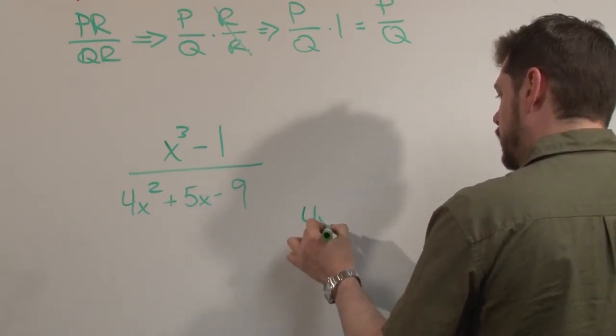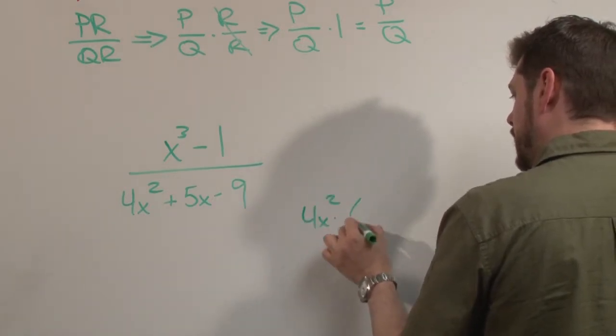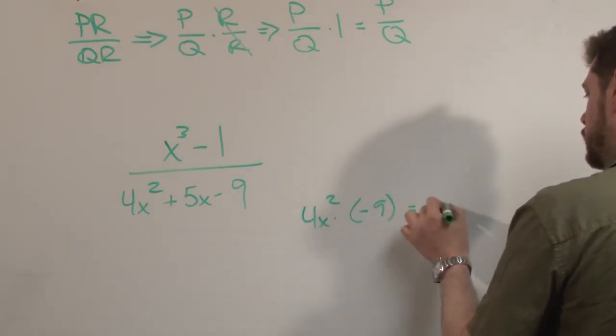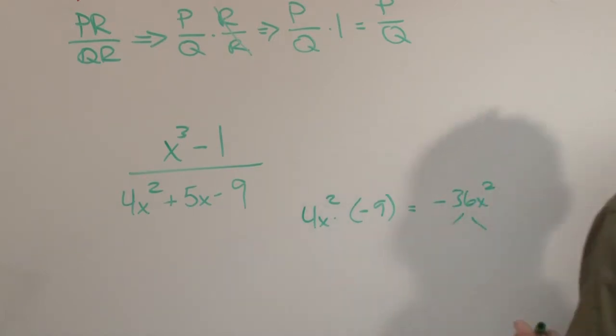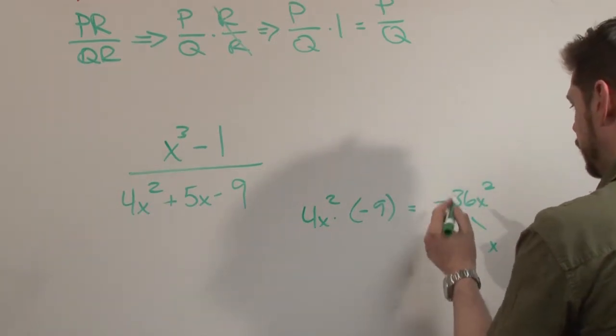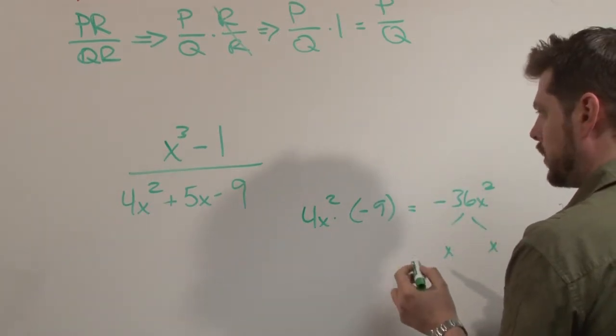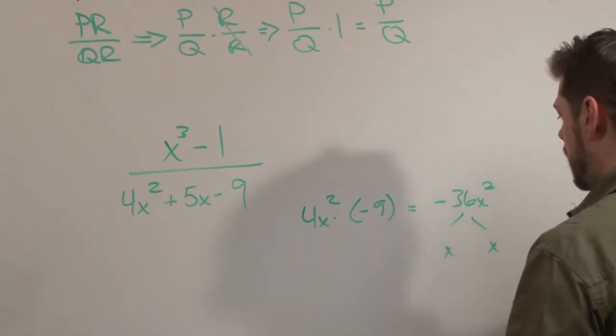So we're going to look for the factors of 4x squared times negative 9 this time, which is going to be negative 36x squared. And of course, x and x factor this way. But the factors of 36 that we need are the factors that when we add them together give us a positive 5.